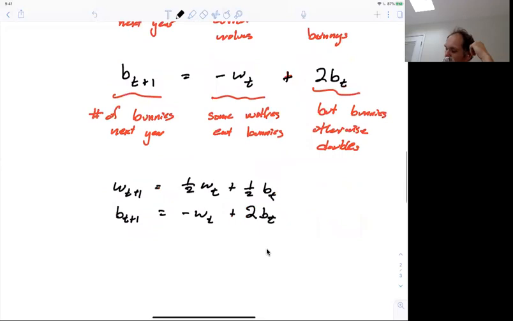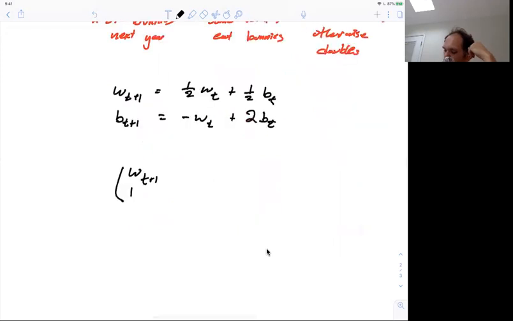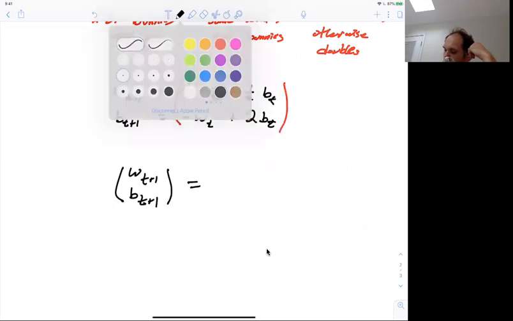Now you can see this is just a linear system, so we can write it like this. This is now just a vector, and this guy right here is just a matrix. There's a hidden matrix right in there. So what's that matrix? That matrix is 1/2, minus 1, and 2 times this.